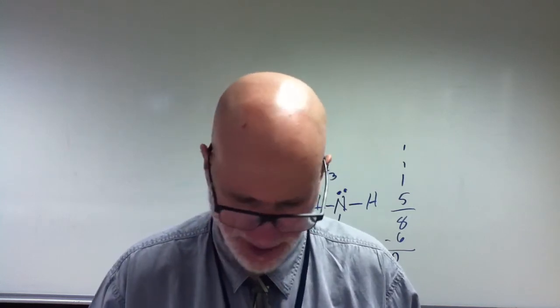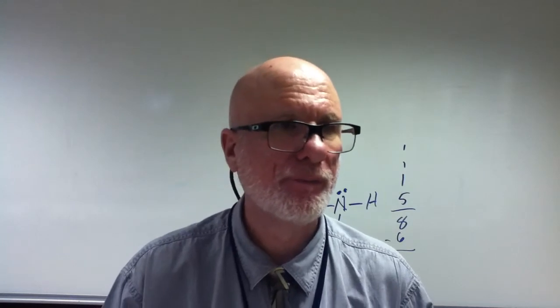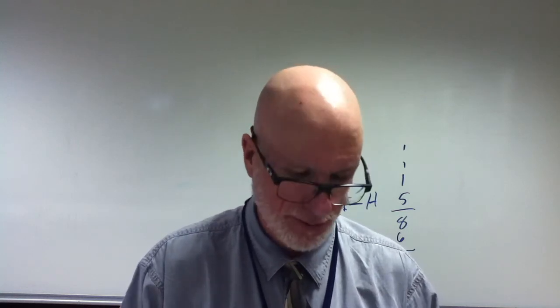So it goes like this. You look at your chart, you say, when I have 3 bonded pairs and 1 unbonded pair, what kind of geometry is that? No, look at your chart. Trigonal pyramidal. Okay, ammonia, right?